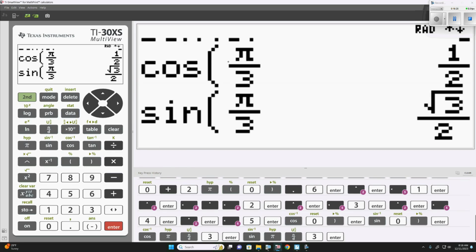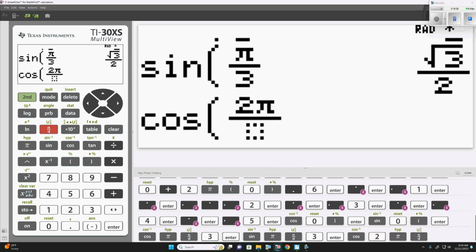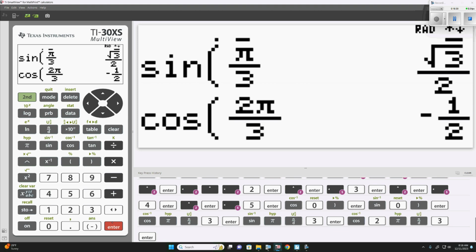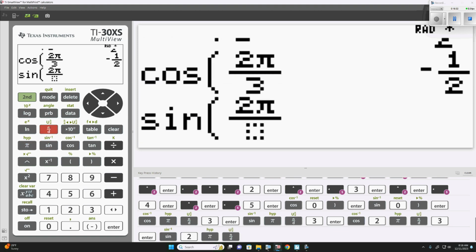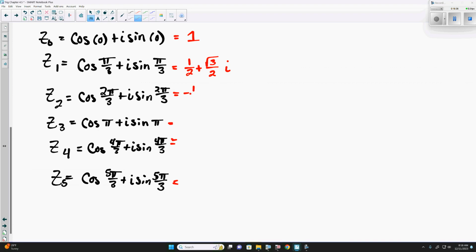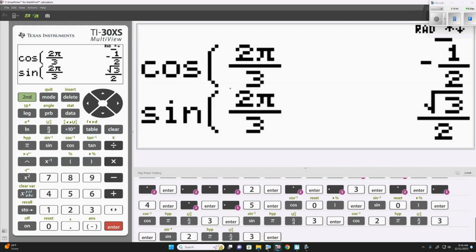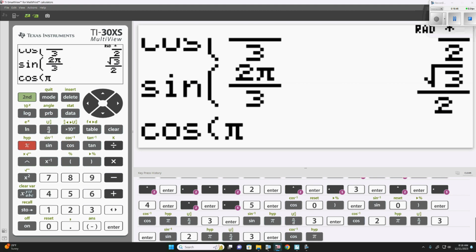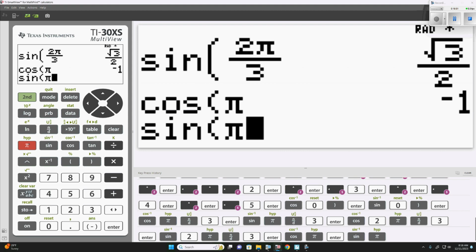Same thing with 2 pi over 3. Cosine of 2 pi over 3 is negative 1/2, and sine of 2 pi over 3 gives us negative 1/2 plus square root 3 over 2 i. Do this next with cosine of pi and get 0, or sorry, negative 1. Sine of pi is 0.